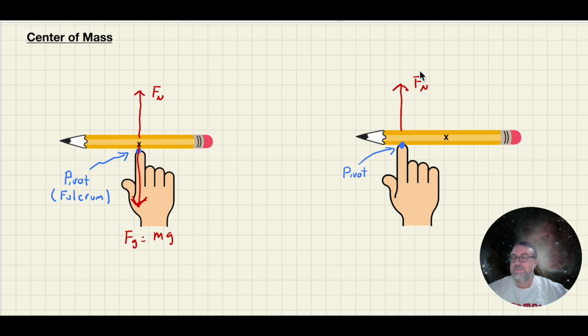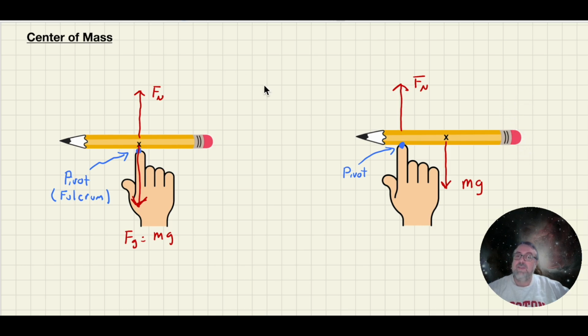But the weight force is now applied at the center of mass. And you see that the normal force is no longer in a position to be directly over the weight.